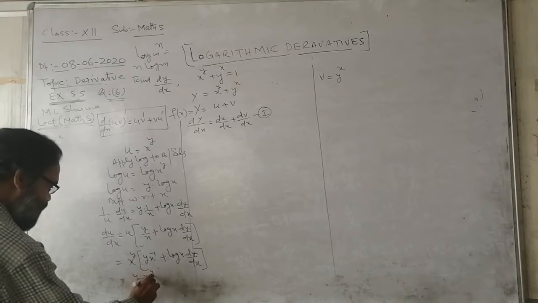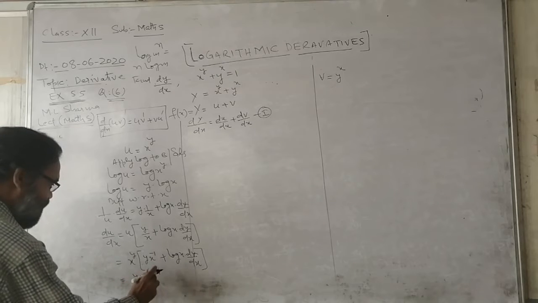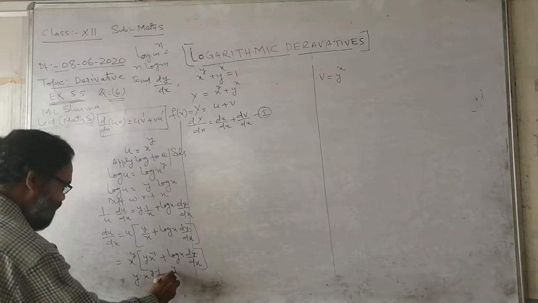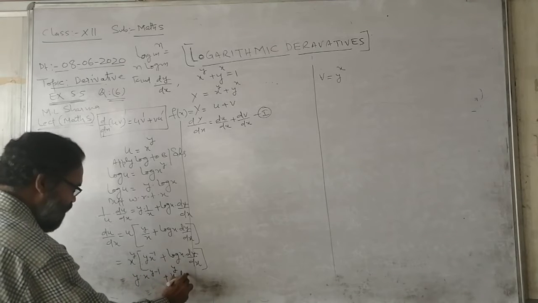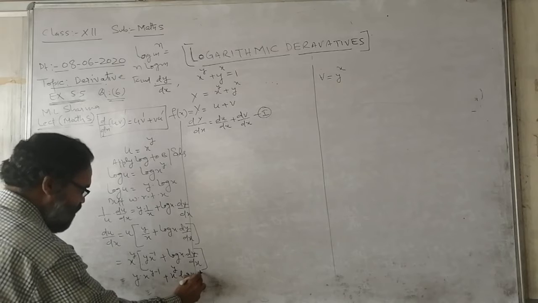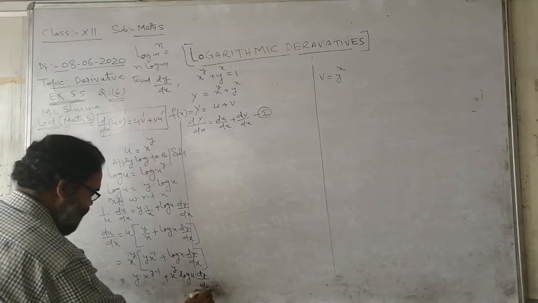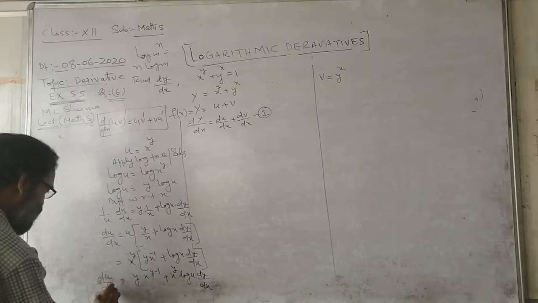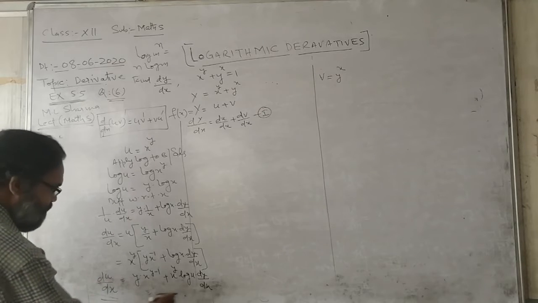So it will be y times x power y minus 1 plus x power y into log of x into dy upon dx. So this is the final value of du upon dx.